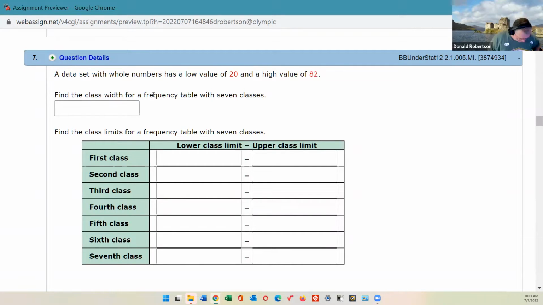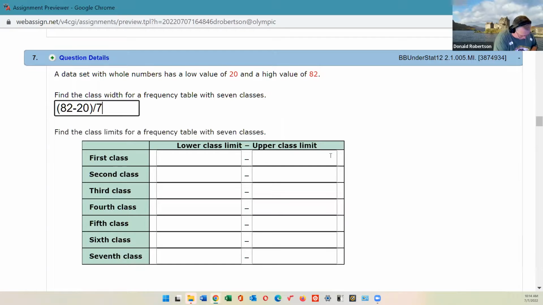Find the class width, right? So first thing I'm going to do is find how big each of the intervals is, the class interval. So it's going to be 82, which is the biggest number, I'm going to take away 20, and they want me to have 7 classes. So I'm going to divide that by 7.